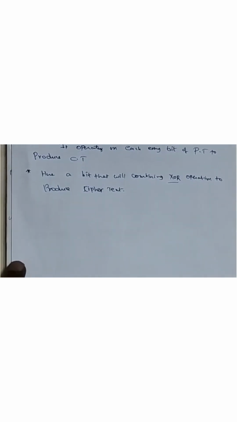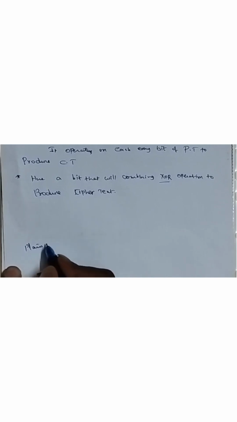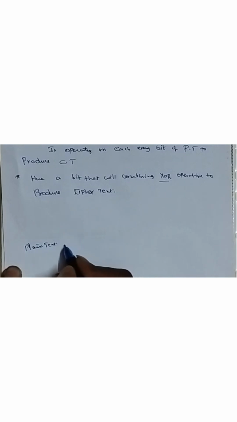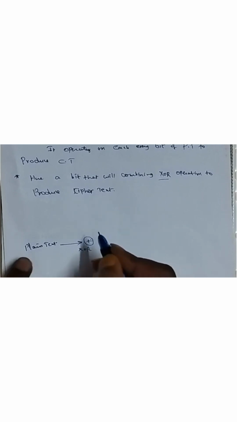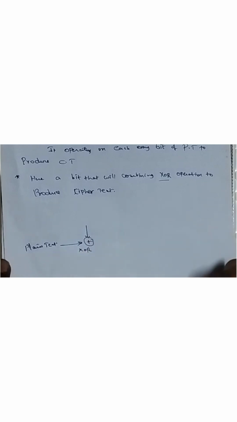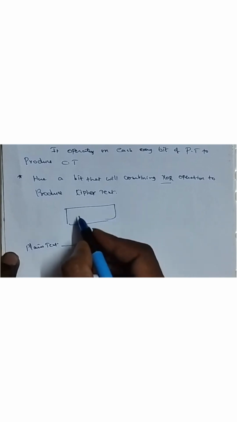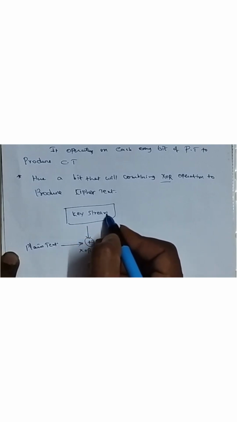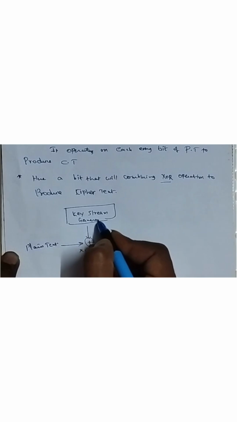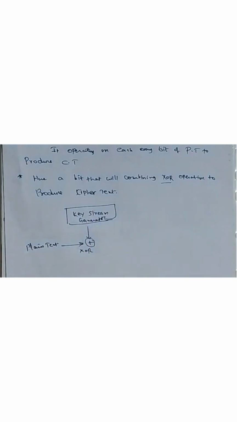Here is the diagram for the stream cipher. We have the plain text, and we perform an XOR operation. Here it will take a key from the key stream generator, which produces the keys.